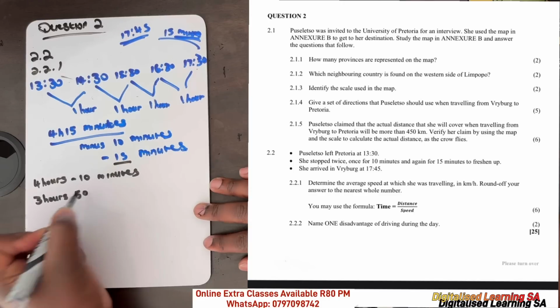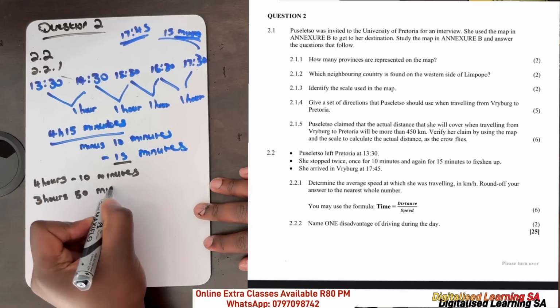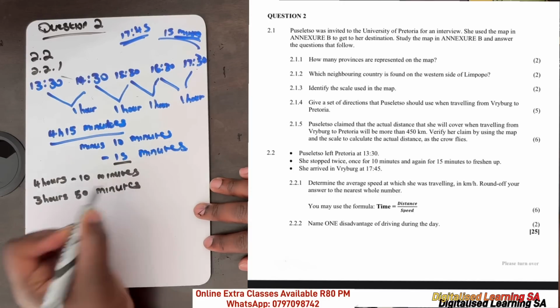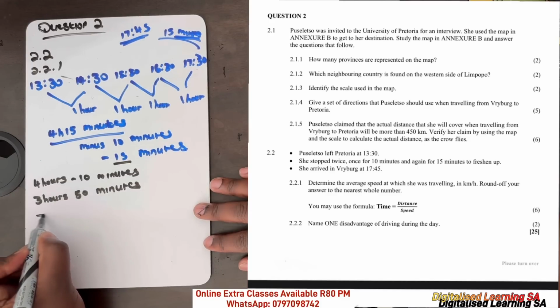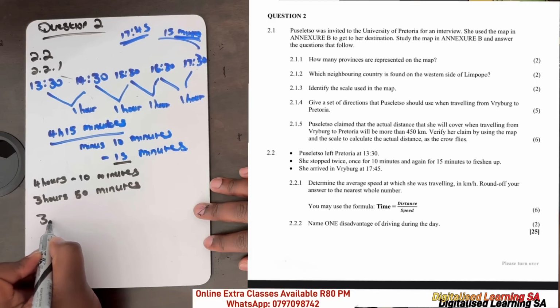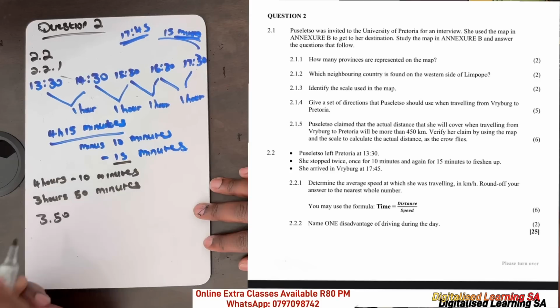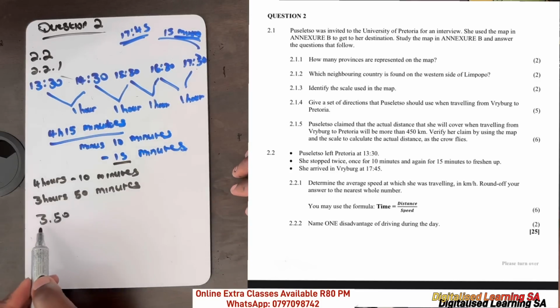and 50 minutes. So it's 3 hours and 50 minutes. But we are told that we need to measure our answer in kilometers per hour.